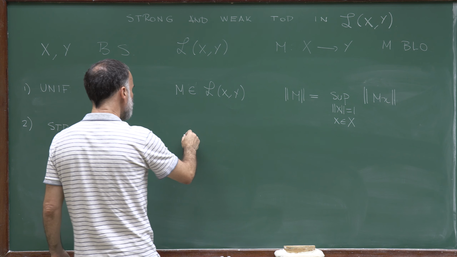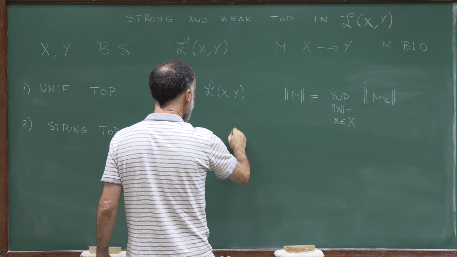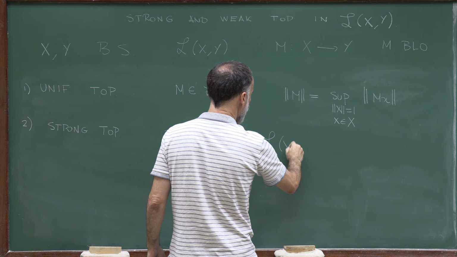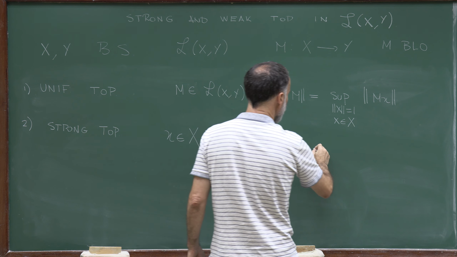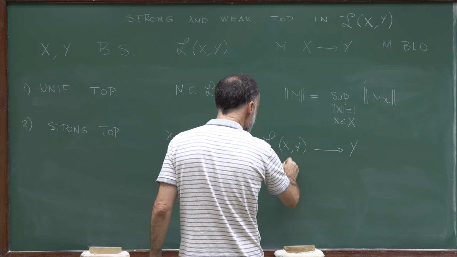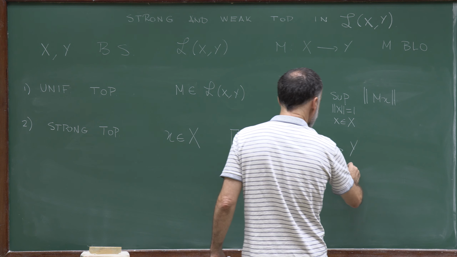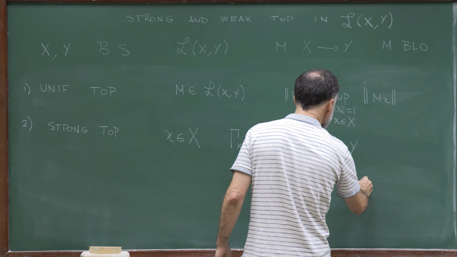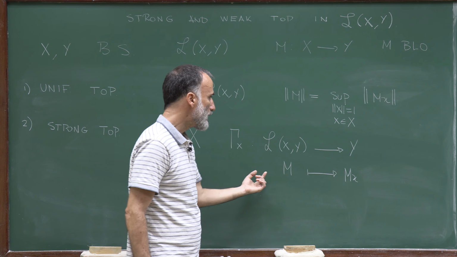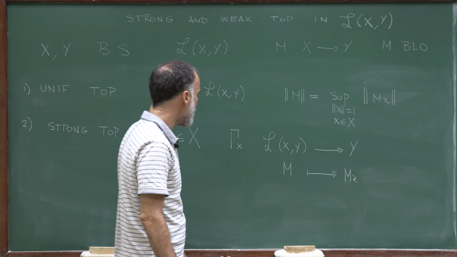For all x in X, let me represent by gamma x a map from L(X,Y) to Y, which associates to a bounded linear operator M the point in Y given by Mx. So this defines linear functions on L(X,Y).